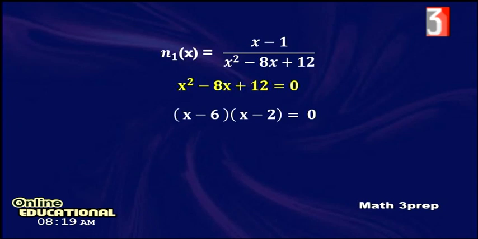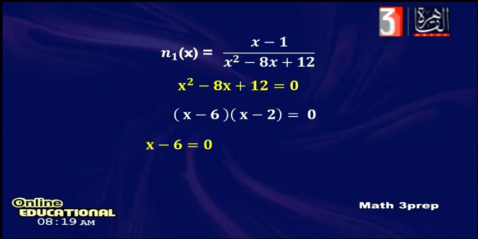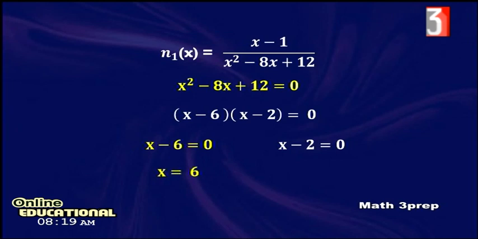When two terms multiplied by each other equal 0, either x minus 6 equals 0 or x minus 2 equals 0. Then x equals 6 and x equals 2. So we can say that the first domain D1 equals R minus {6, 2}.